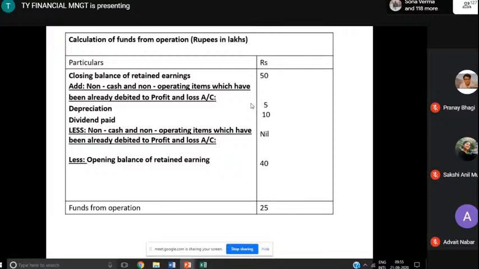Closing balance of retained earnings 50 lakhs. Add non-cash and non-operating items which have been already debited to profit and loss account: depreciation 5 lakhs, dividend 10 lakhs.